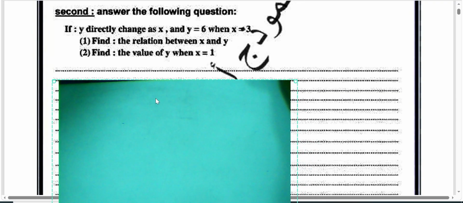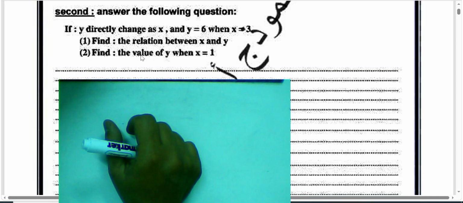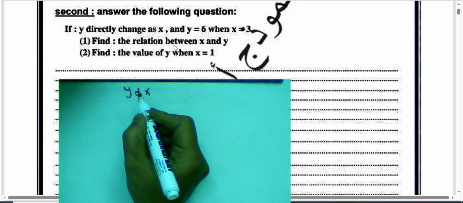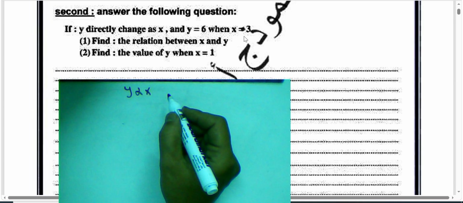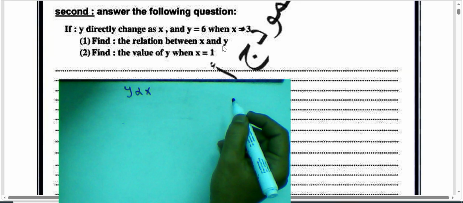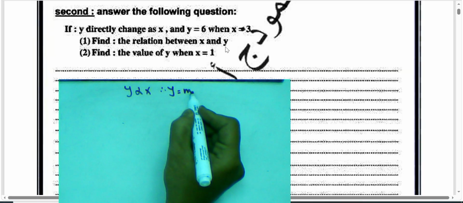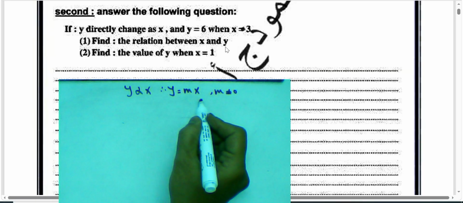Answer the following question. If y varies directly with x, and y equals 6 when x equals 3, find the relation between x and y. We can put here a constant like m, and m not equal 0.